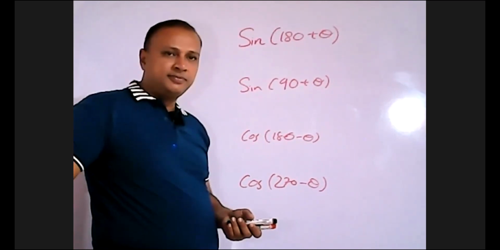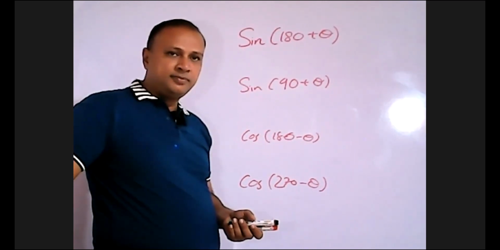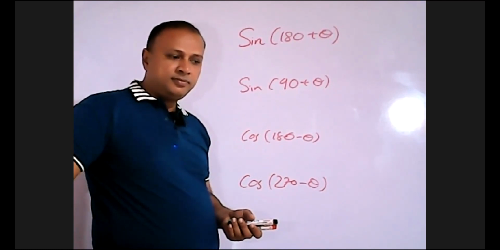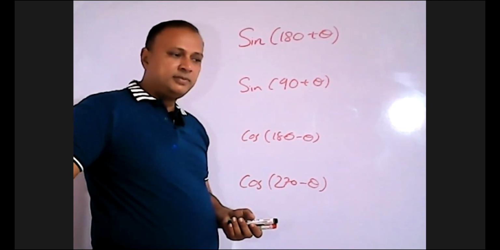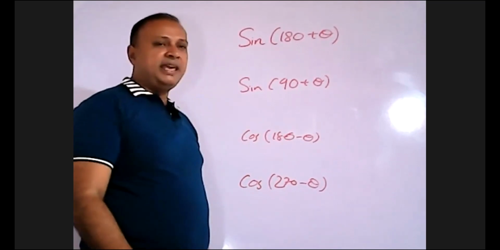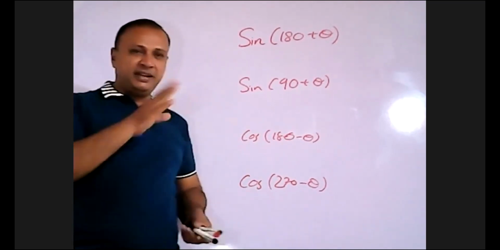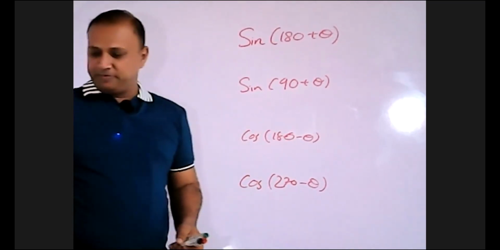And to derive the positivity and negativity of the signs, we divide the unit circle into 4. First quadrant, everything is positive. Second quadrant, sine is positive. Third quadrant, tan is positive. And fourth quadrant, cos values are positive. Exactly. The correct answer.